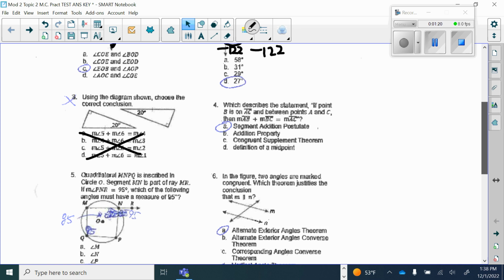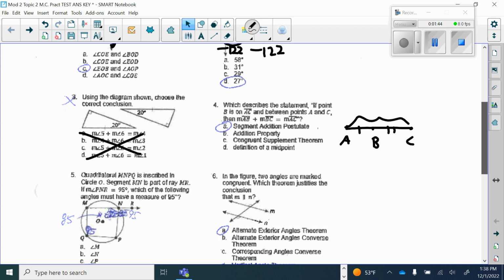Number 4. If a point B is on AC between the points A and C, then their distances, so this would be A, B, C. It says if I take this distance plus this distance equals the whole distance, that's the segment addition postulate.